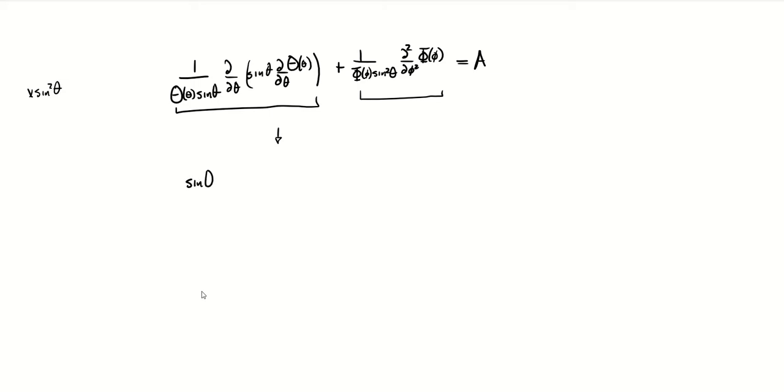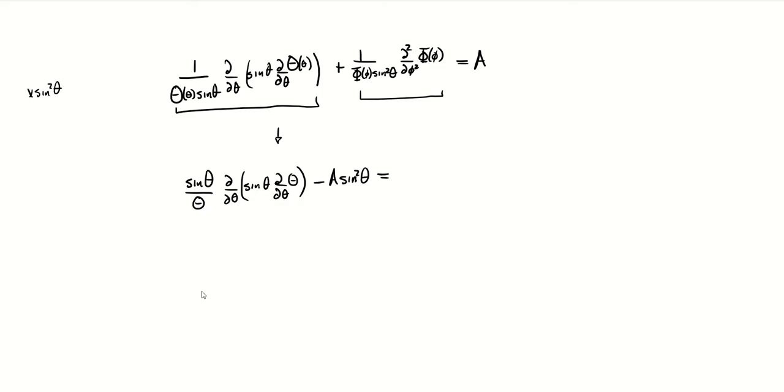We end up with sine theta over our polar function, partial theta, sine theta, partial theta of our polar function, minus A sine squared theta.